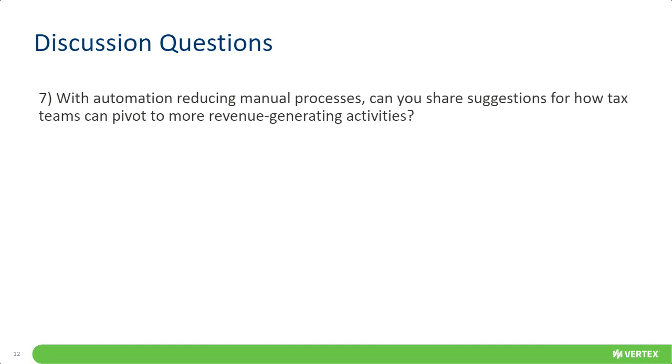The other thing that I can't stress enough: a lot of the time I'll have a company approach me and say, we have tax engine X implemented and we hate it and it's awful and we want to get rid of it. A lot of the time, the reason that happens is configuration. If you implement it and never make any changes or health check or enhancements, it can grow stale.